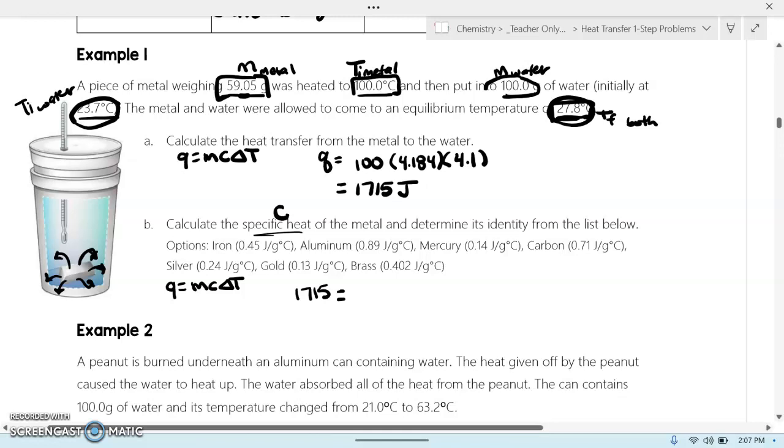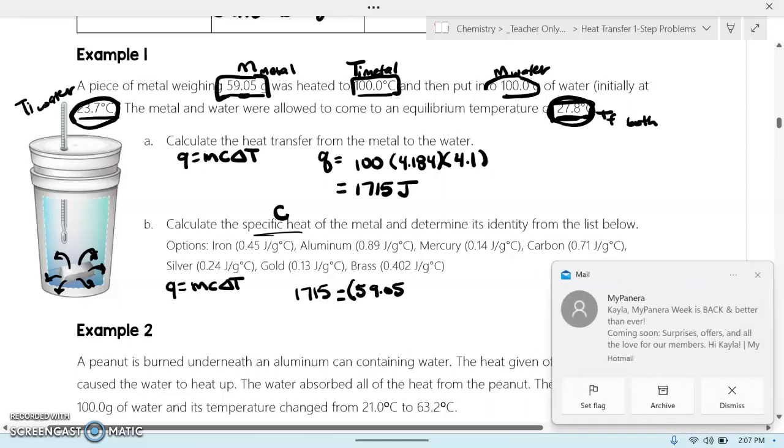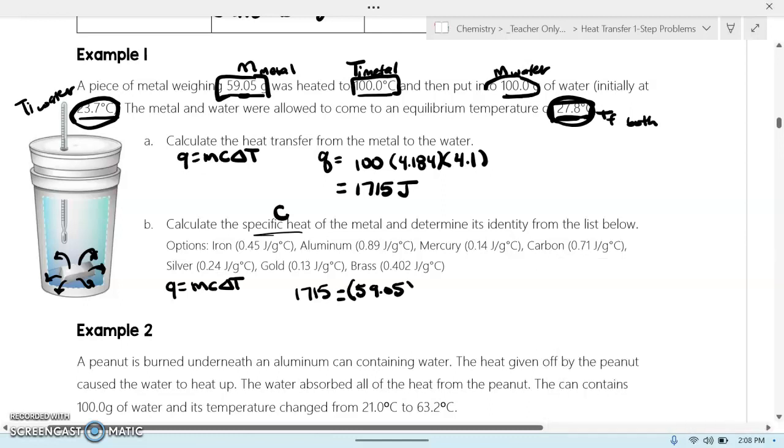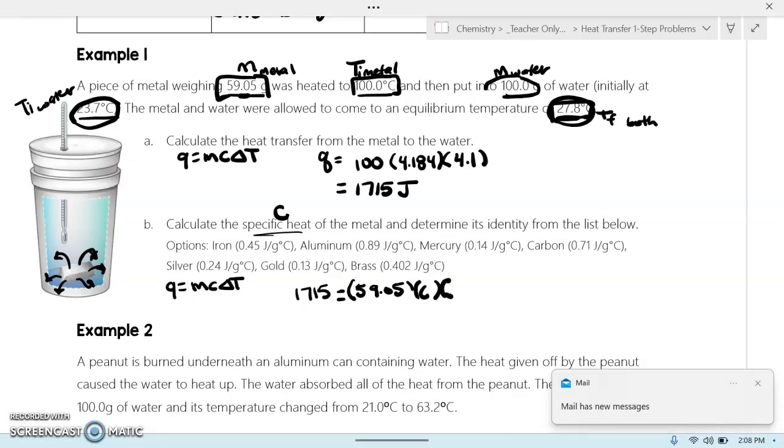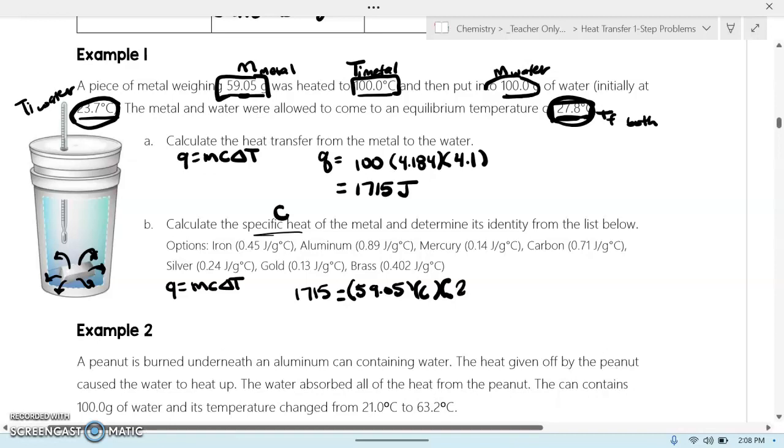So that's what we're going to solve for, C, using the mass of the metal, which was 59.05, what we boxed for mass of the metal. Then we have C that we don't know. And then we have another temperature change, ending at 27.8 and starting at 100.